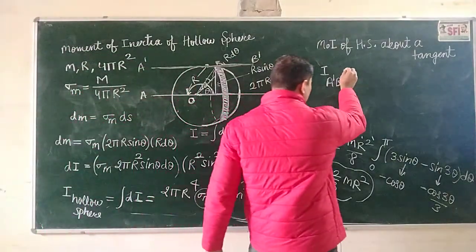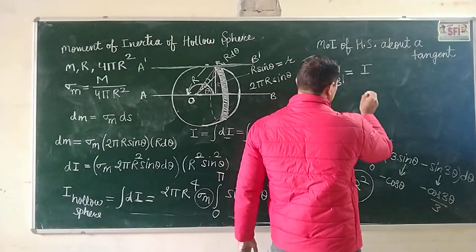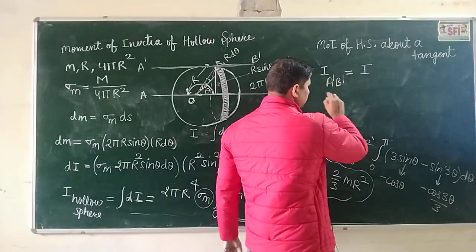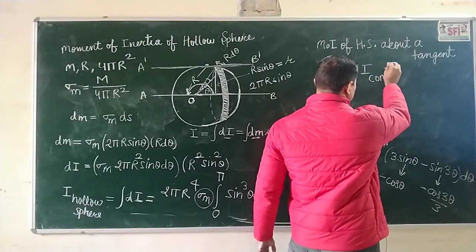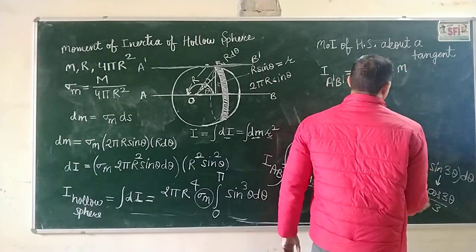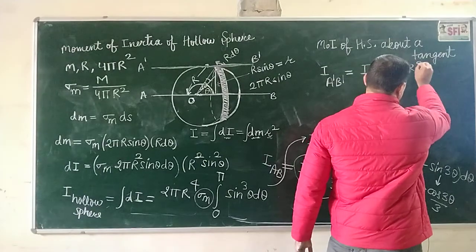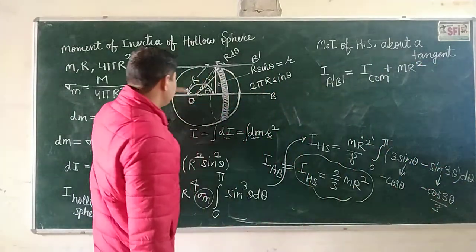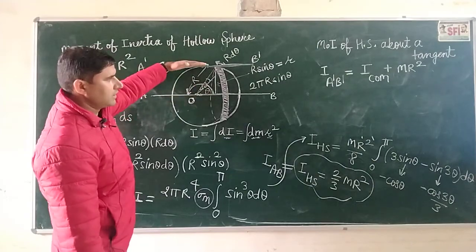So here you will make use of the parallel axis theorem, which says moment of inertia about the tangent is moment of inertia about an axis passing through center of mass, plus mass of the hollow sphere into the perpendicular distance between the axis passing through center of mass and the tangent.